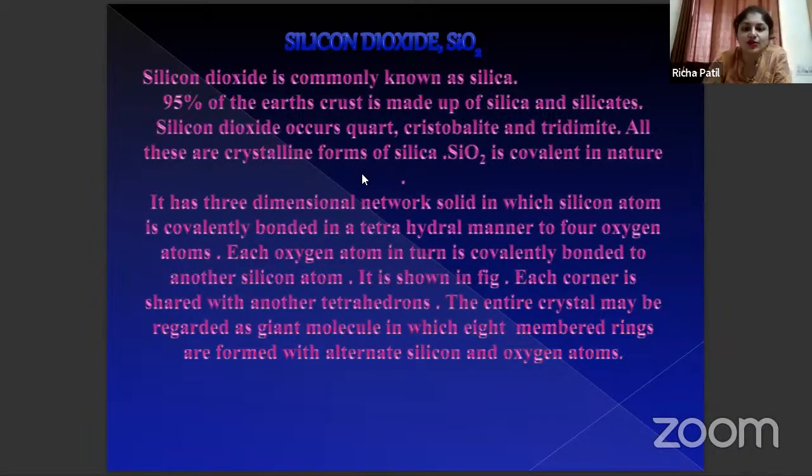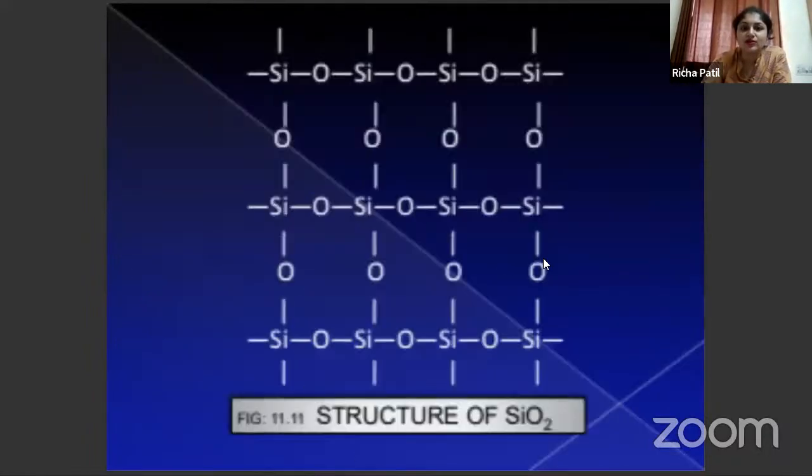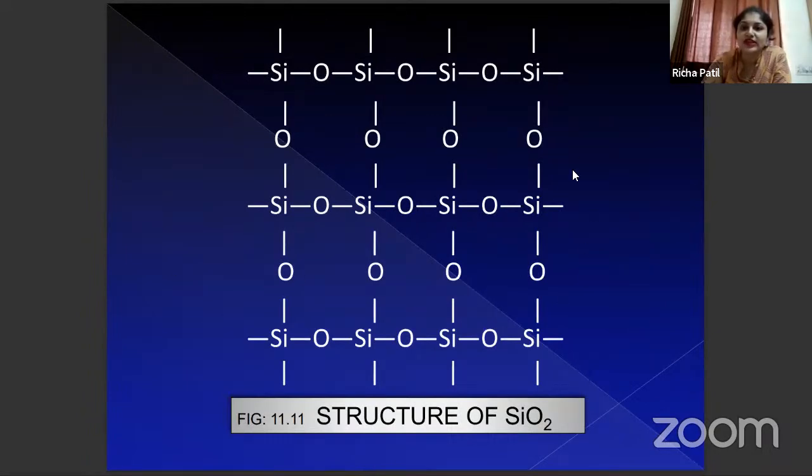It is a three-dimensional network solid in which the silicon atom is covalently bonded in a tetrahedral manner to four oxygen atoms. So this is the structure of silicon dioxide. You can see here, the silicon atom is attached to four oxygen atoms.